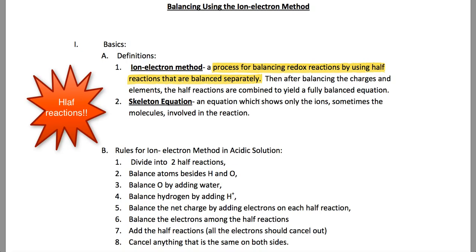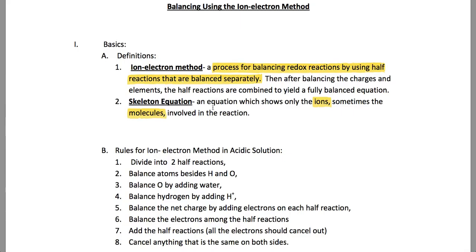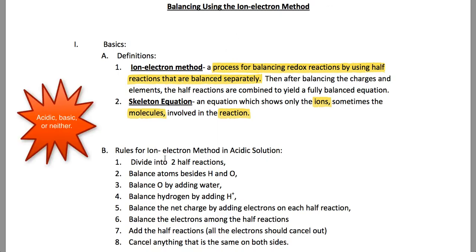So the skeleton equation only shows the ions and sometimes molecules, because some things don't ionize in solution, involved in the reaction. When we're doing these, there's a series of steps: an acidic solution or basic solution.